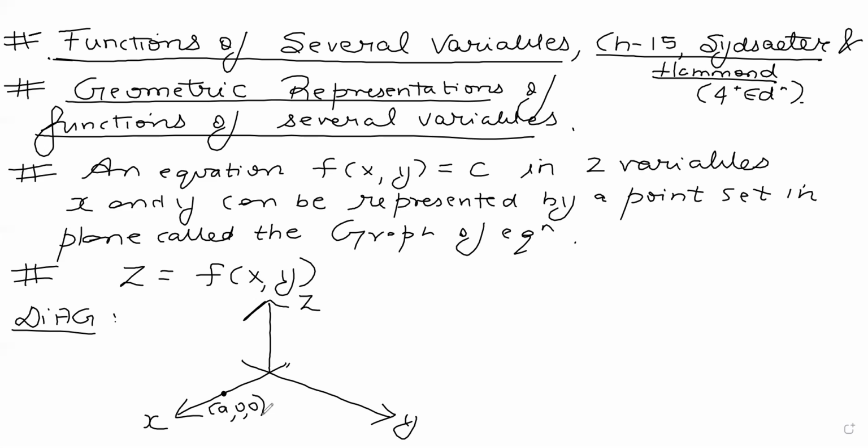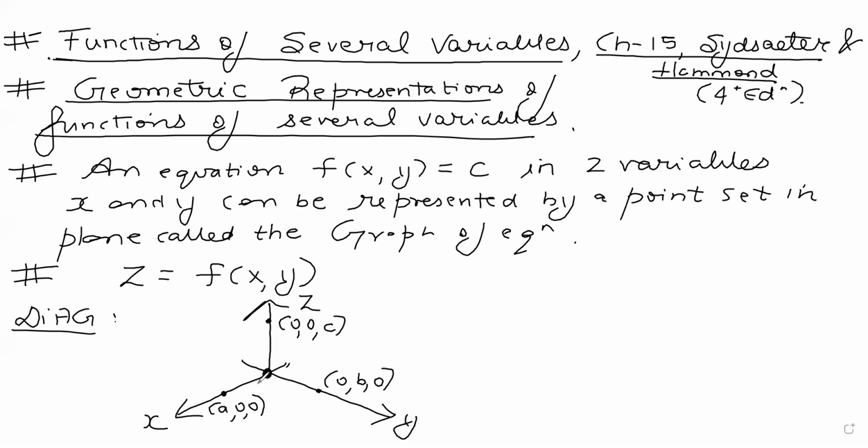A, 0, 0. A point on the y-axis would be a point of the form 0, b, 0, and the z-axis is capturing the height. If you look at it properly, the z-axis is capturing the height or the level. So suppose we have a point C, this is going to be 0, 0, C. And what is this point?